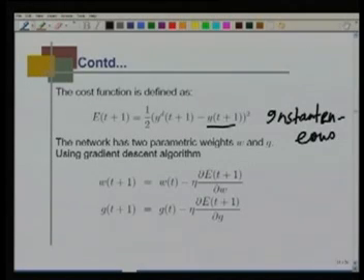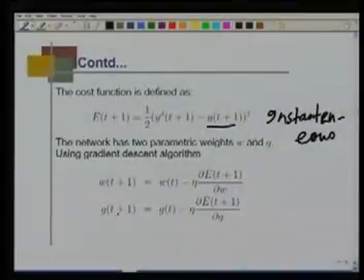In this network we have only two weights, w and g. Using the gradient descent algorithm, how do we write the weight update? wt plus 1 equals wt minus eta del E t plus 1 upon del w. You see that in a simple backpropagation network we did not put t plus 1 on the error, but in a recurrent network the error is a function of the time step, because it has internal memory.